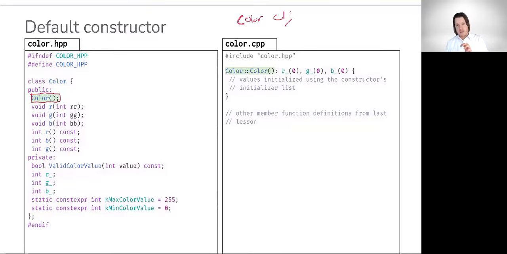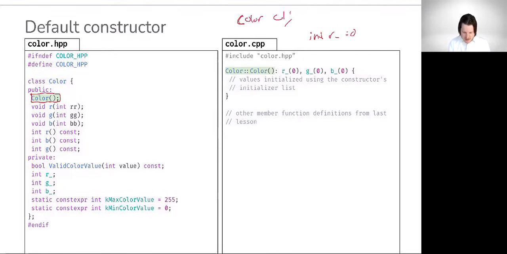So once we hit the body of the constructor, these data members would go ahead and actually take on those values. It would be the same as writing int r is equal to 0. It's actual initialization. And we'll go ahead and distinguish this from not using an initializer list shortly.